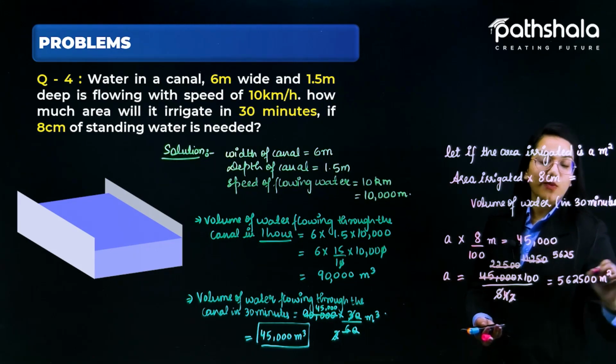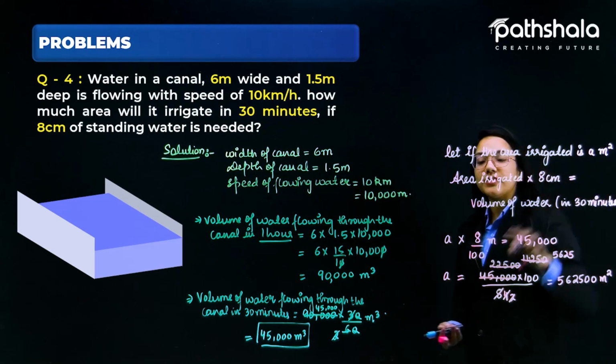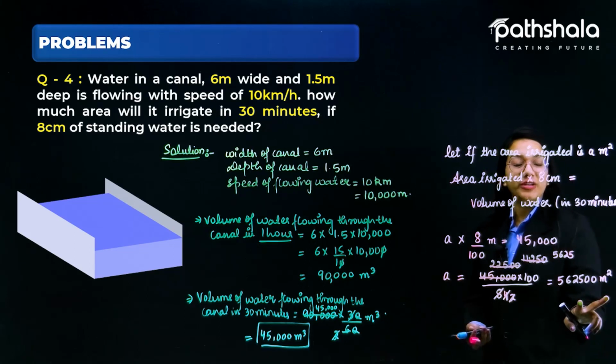This is meter square because the area we are finding is in meter square. So the area comes out in meter square.